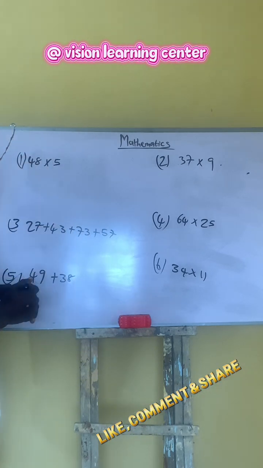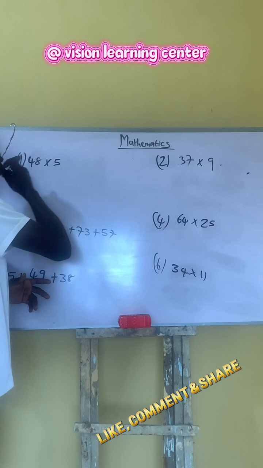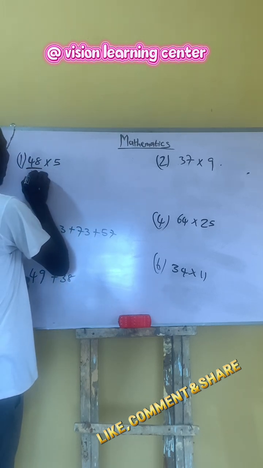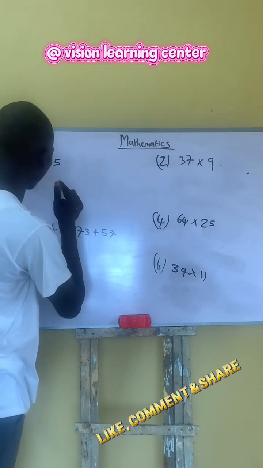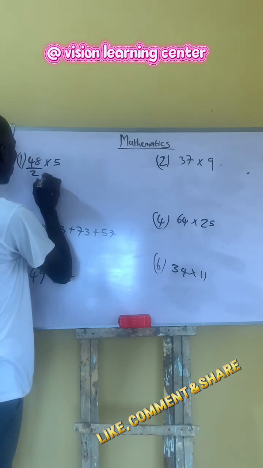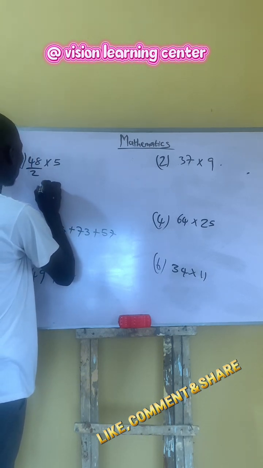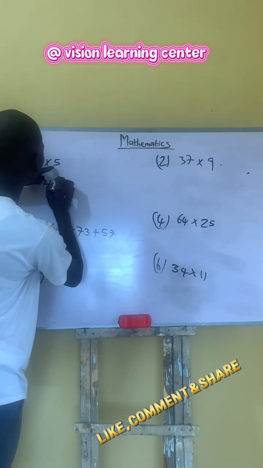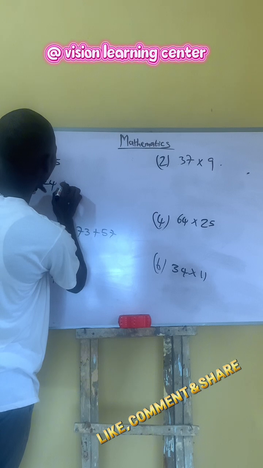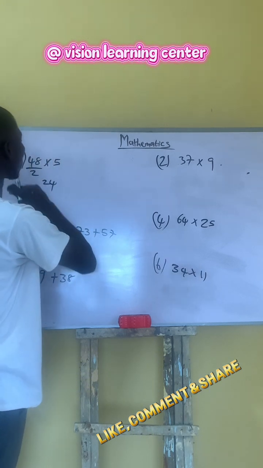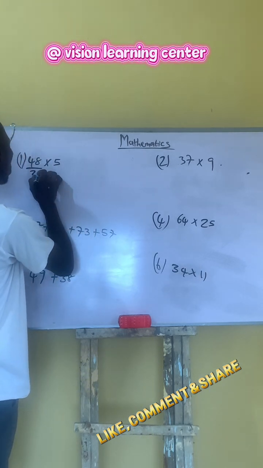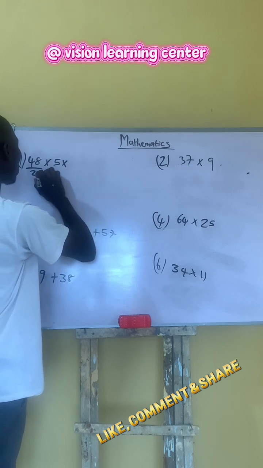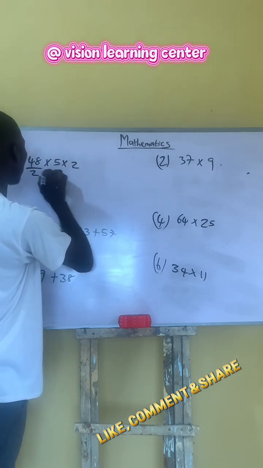Whenever you see any number multiplying with 5, what you do is divide that number by 2. If you divide 48 by 2, it will give us 24. Instead of multiplying by 5, we multiply by what? 2, which is double.